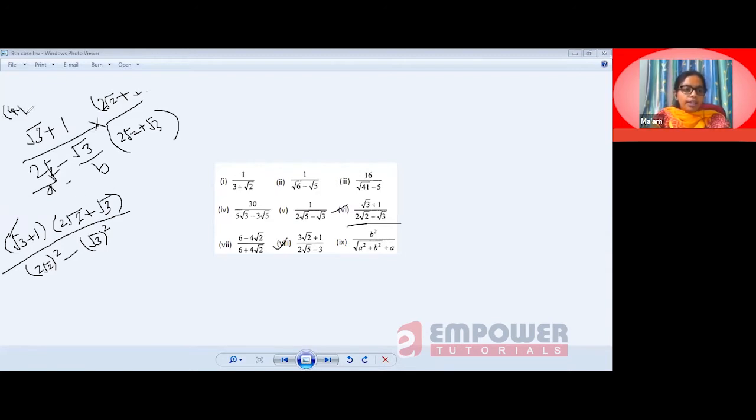So a plus b bracket, and another one is c plus d bracket. So this is how you have to solve this. So this will be equal to root 3 into bracket 2 root 2 plus root 3 plus 1 in bracket 2 root 2 plus root 3.